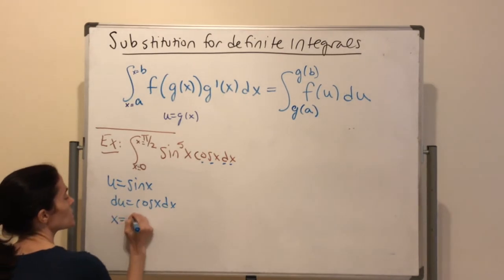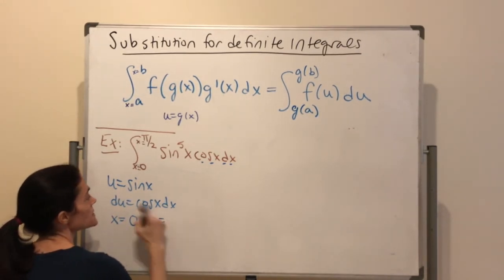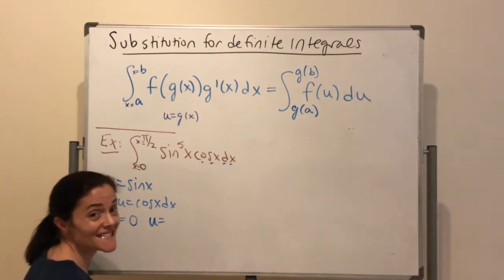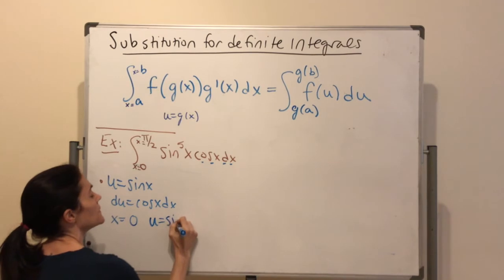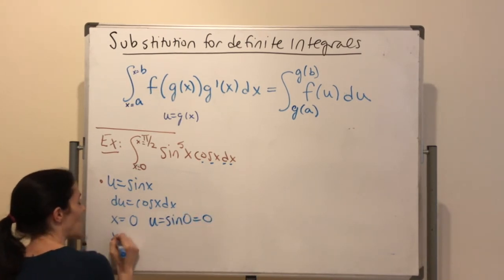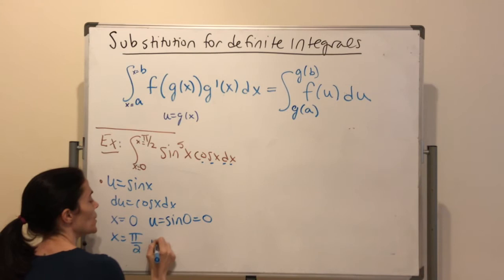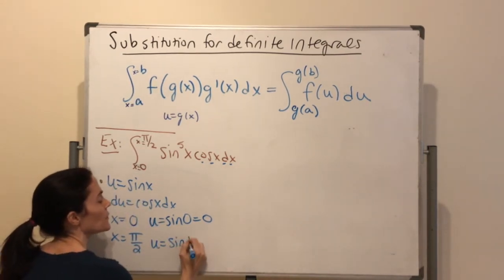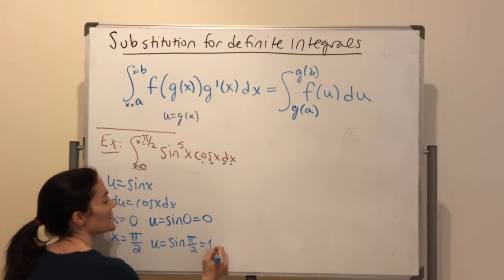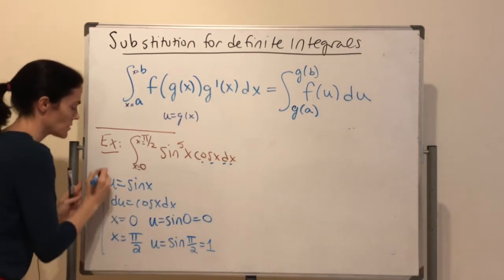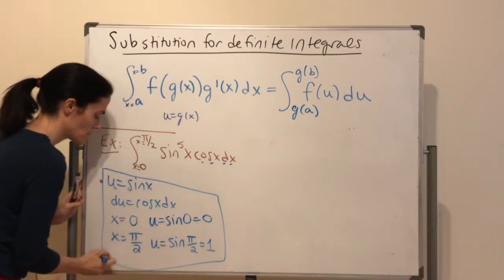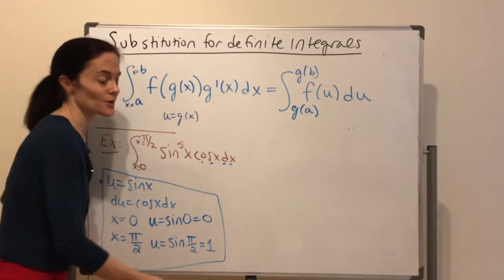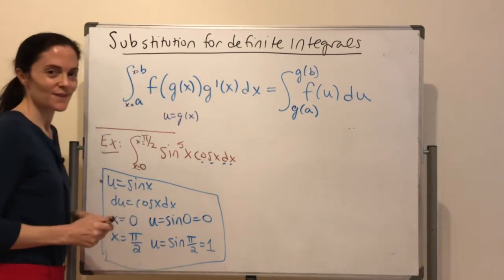When x equals 0, u is, well, this gives us the relationship right here. u is sine of 0, which is 0. When x equals pi over 2, u is sine of pi over 2, which is 1. So all of this I would put in a box, and now we convert this entire definite integral to a definite integral of u.